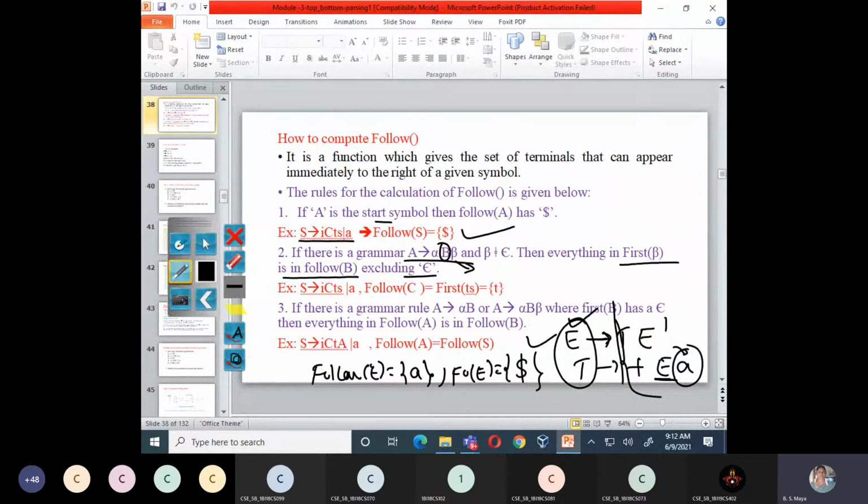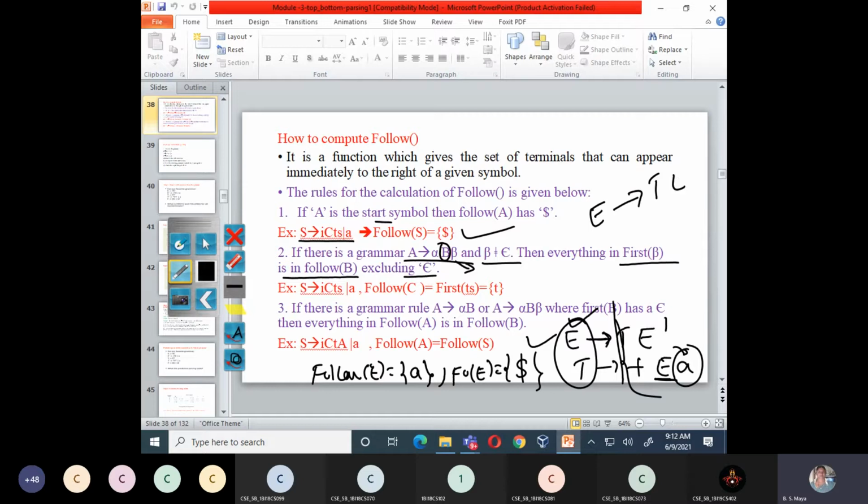Keep it in mind: in a follow set, epsilon never comes. If you have an epsilon, then you have to apply the next rules. Here I am taking a production where there is no epsilon in the condition.